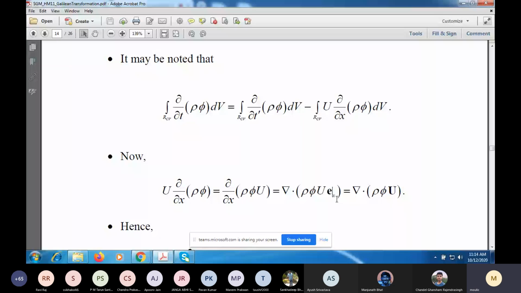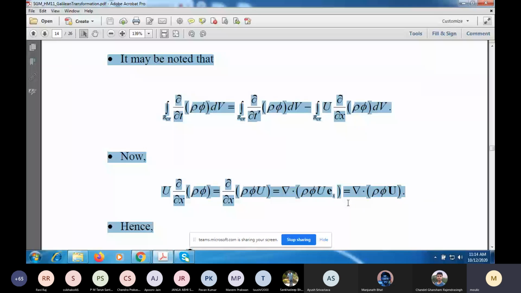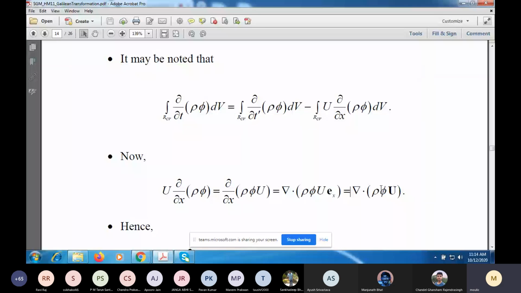So ∂f/∂x, I can write as the divergence of f times e_x. Now U times e_x I can write as the vector u, the velocity. U is the speed, and this boldface u is the velocity of the translating frame.